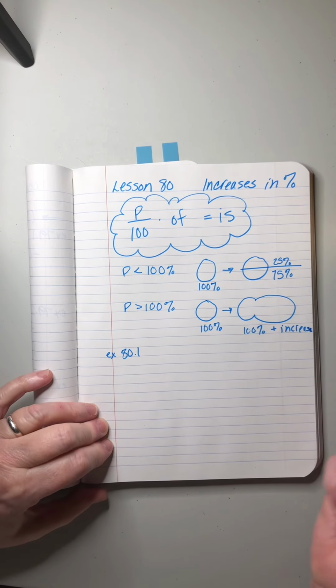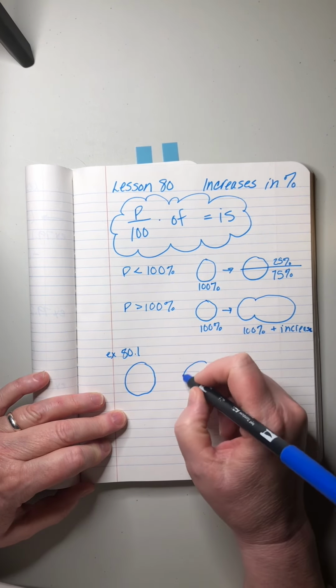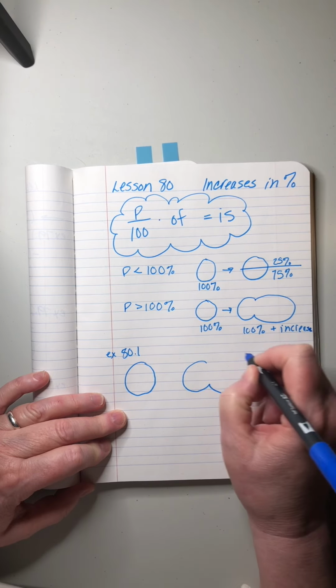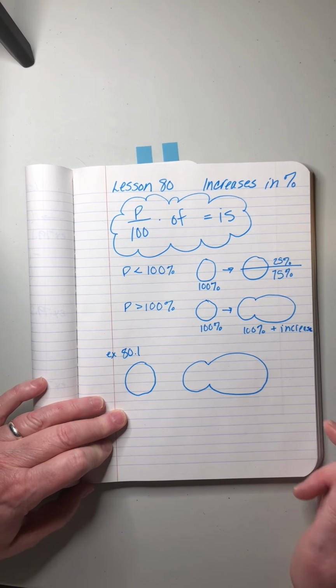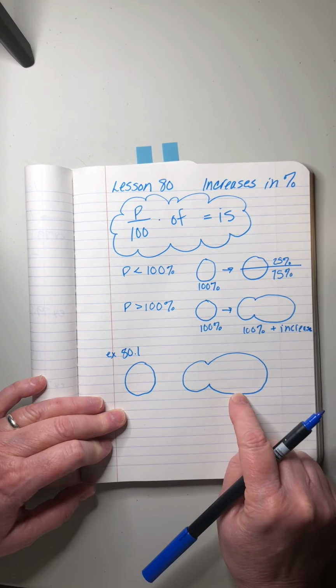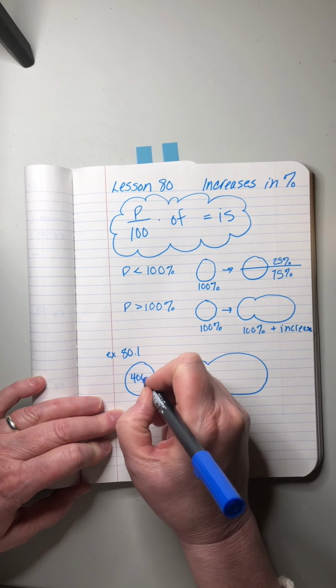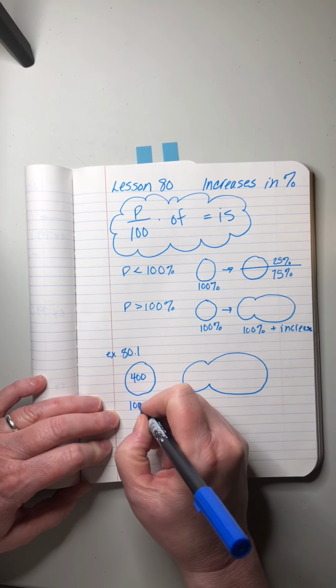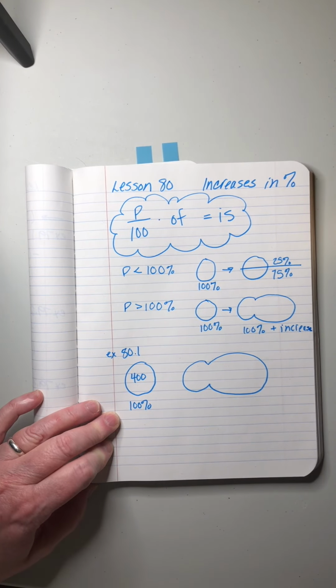Skittles is a much cuter example, but we're going to talk about rodents increasing in population, all right? So it's this kind of a situation because they're increasing in population. That's how we know to draw the picture this way. The original amount of rats was 400, and that represented 100%, right? Because the beginning always represents 100%.